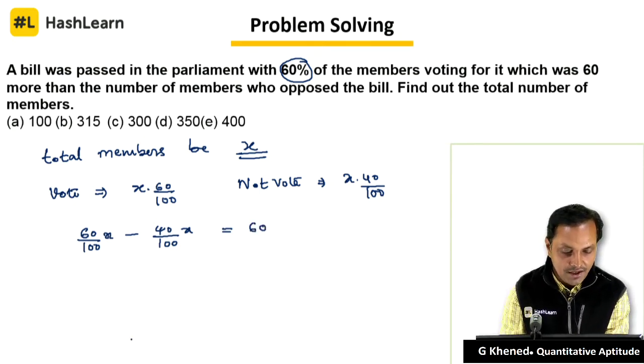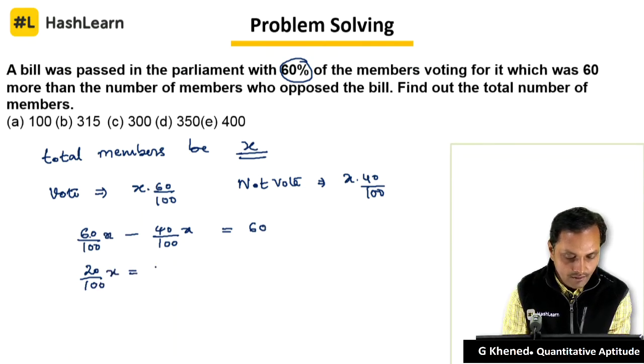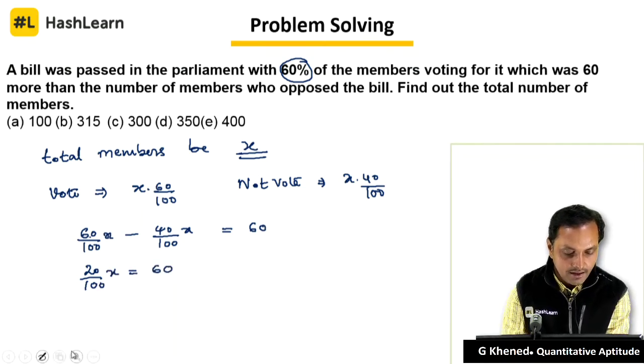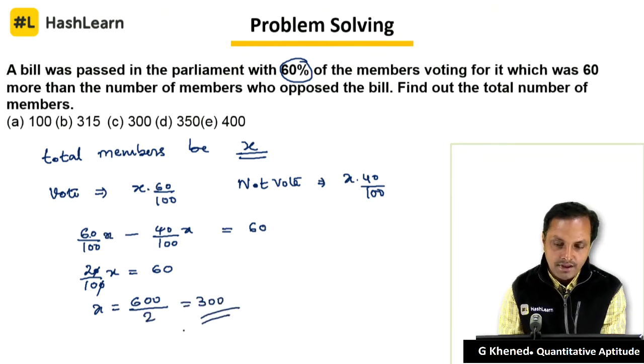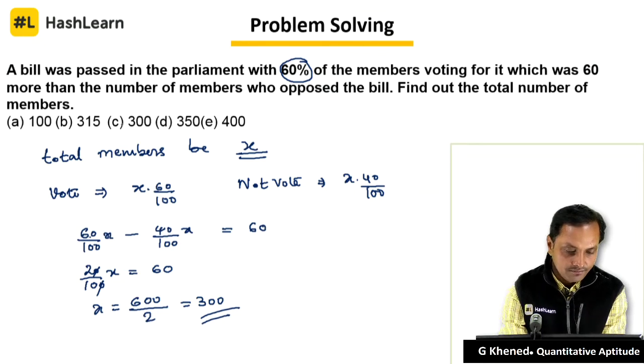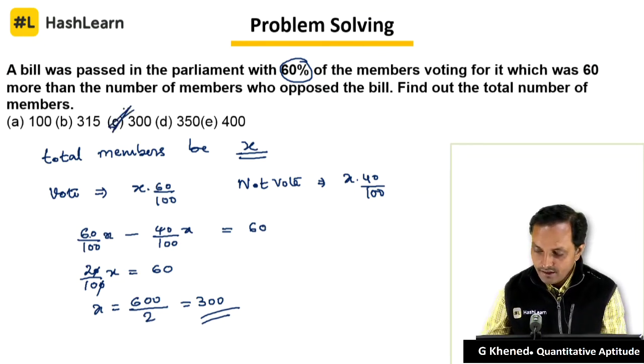Once you do the simplification, what happens? 60 minus 40 is 20 by 100 x, that will be equal to 60. If you cancel, your x will be 600 by 2, which will be 300. So is there any option? Option C, which is 300.